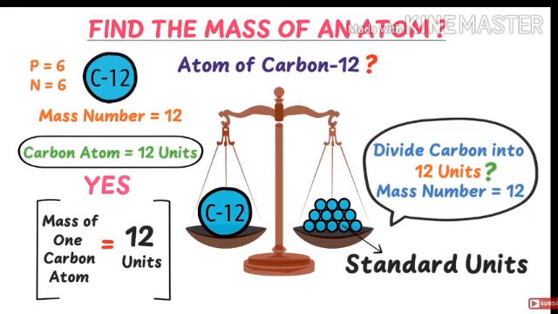You can see over here on the balance, if you keep one carbon-12 isotope on one side and the parts of carbon-12 on the other, they both are equal. So here it is used as a standard unit to measure the mass of other elements.